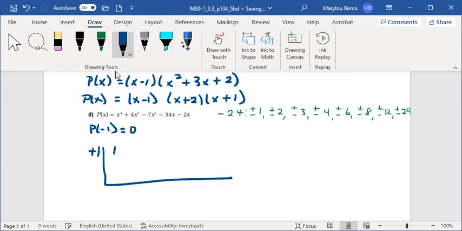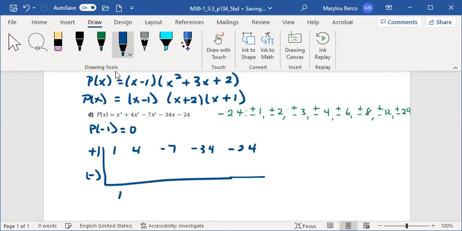So to use synthetic division to find the other factors, we have -1 on the left, and we have 1, 4, -7, -34, and -24 as our coefficients. Okay, we're subtracting.